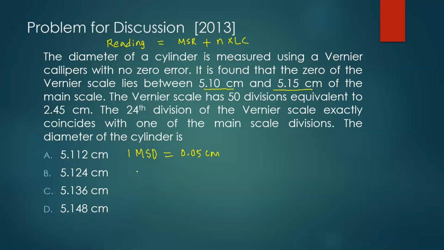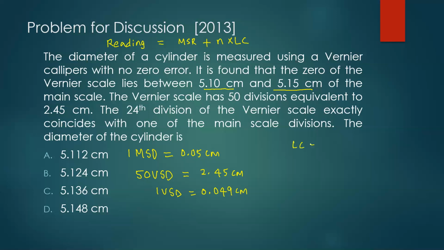So 50 vernier scale divisions is 2.45 centimeters. One vernier scale division would be, if I divide 2.45 by 50, 0.049 centimeters. Is that okay? Then from here we will get the least count.